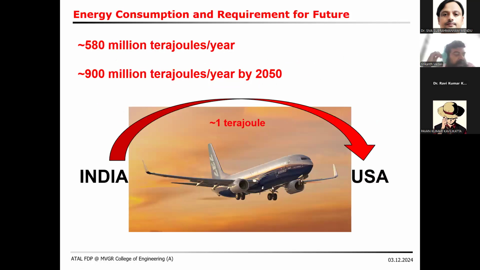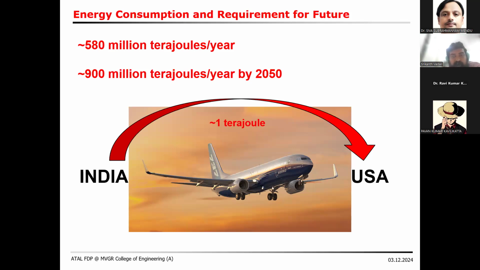So let's start with the energy consumption, and try to understand the energy requirements for the future. As of now, on this planet, we consume about 580 million terajoules per year of energy, and by 2050, we will require 900 million terajoules. Million is 10 power 6, tera is 10 power 12. If you cannot comprehend that, I have a simple example.